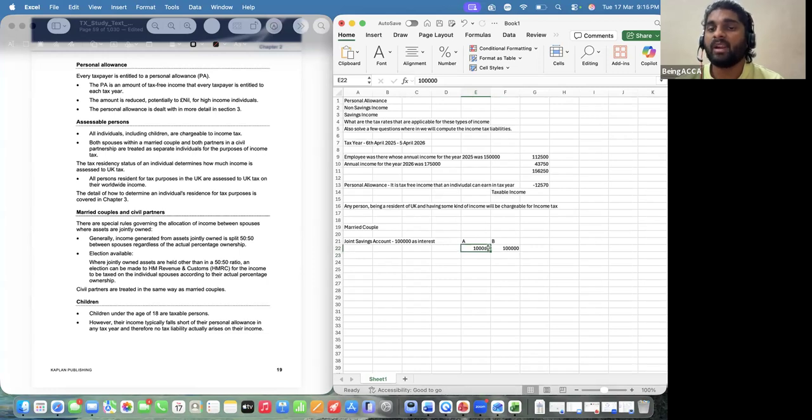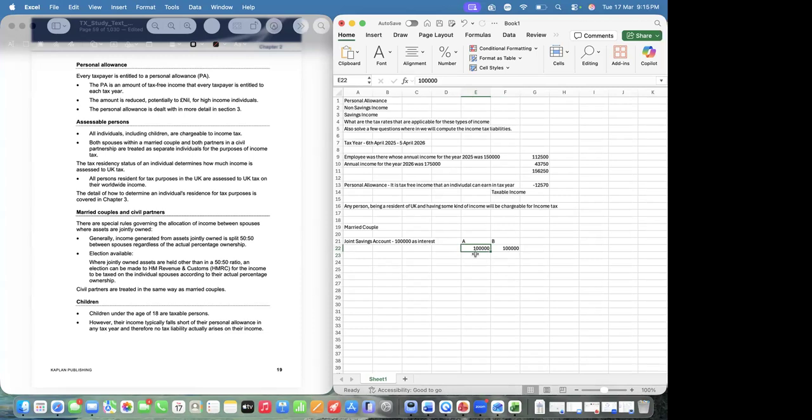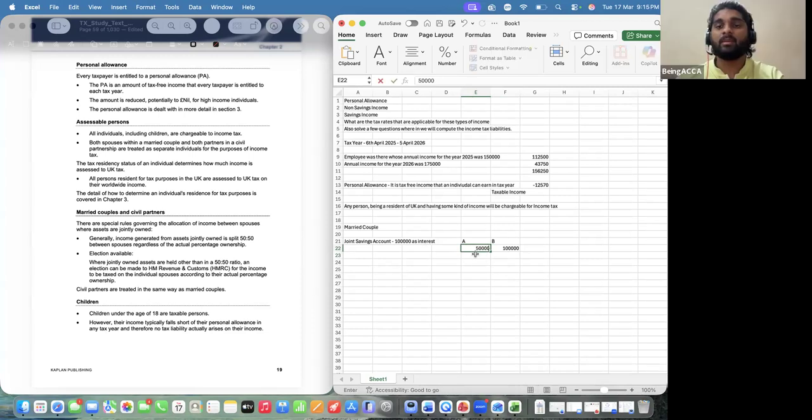It is the same income. Instead of that, we should always split it equally, 50-50, between the partners, unless there's any special mention that they want to split it in a specific ratio.